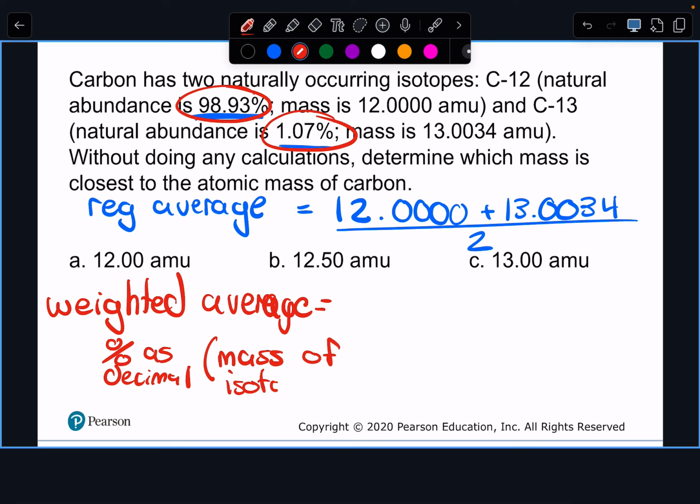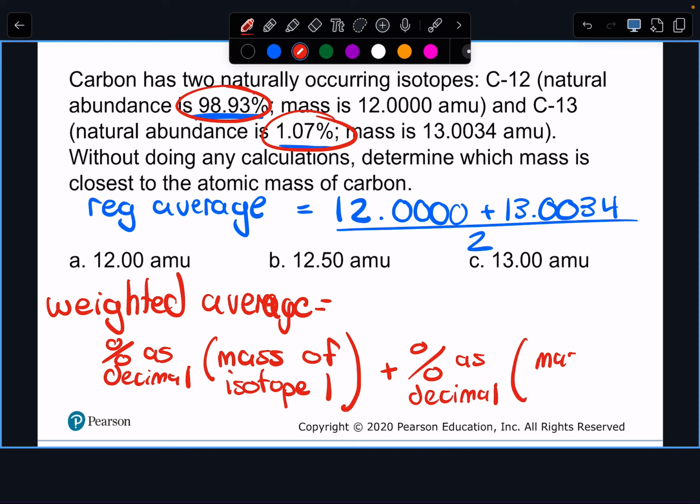I'm trying to make this generic. And then you would add the same thing for the other isotope: percentage as a decimal times the mass of isotope 2.